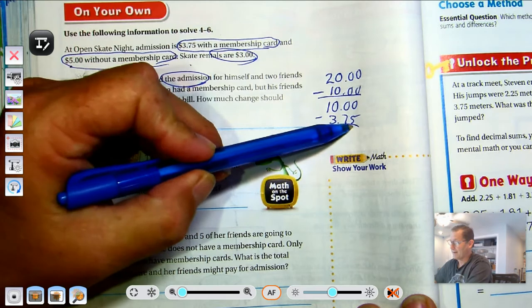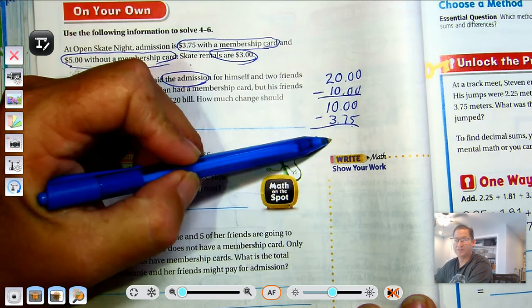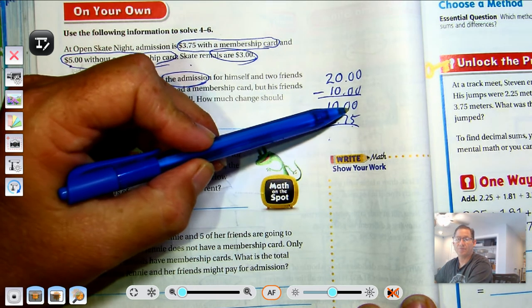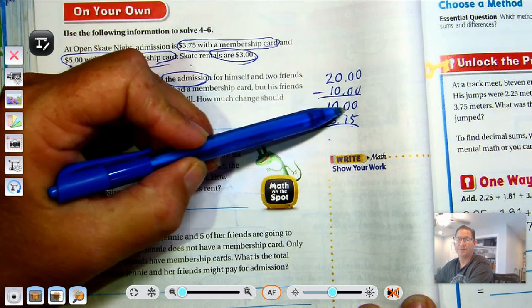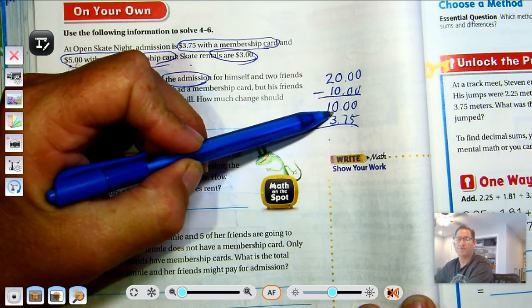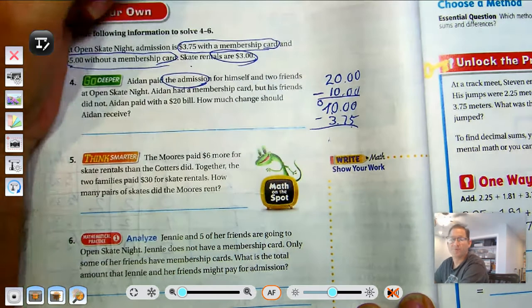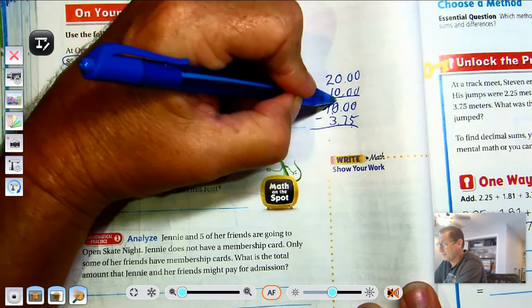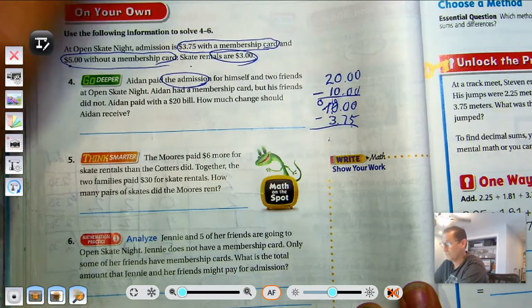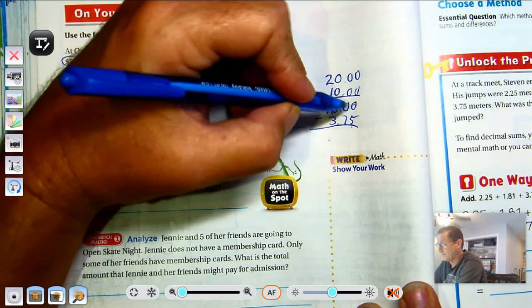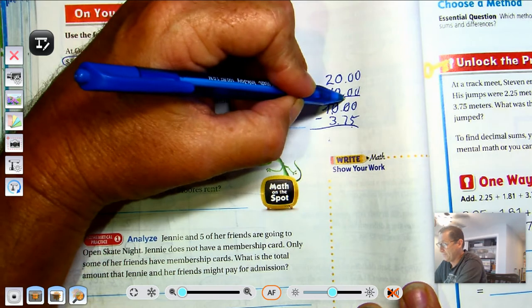Well, I can't take 5 from 0 hundredths. I can't regroup from the 0 tenths. I can't regroup from the 0 ones. And so I'm going to have to start by regrouping from the tens. Okay, I have 10 ones now, and I can give one of those ones to the tenths.